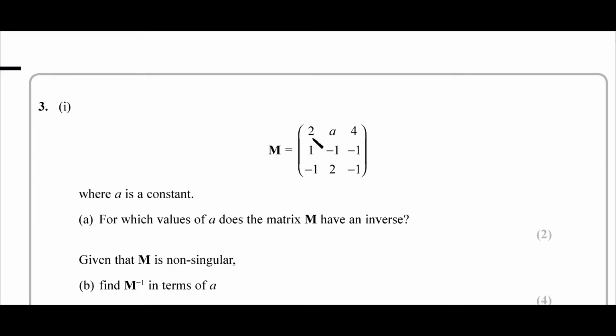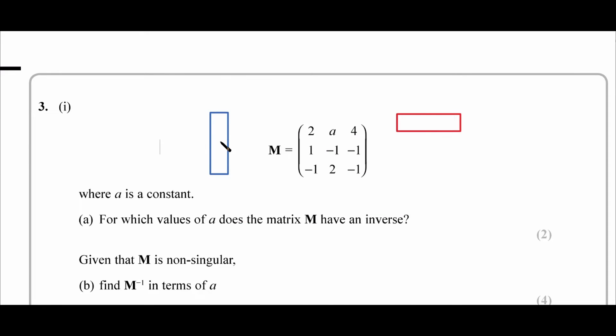Now, if we consider a row and a column, any row and column, then we can find out the determinant of that and set it equal to 0. So if I draw two boxes to show you what I mean.